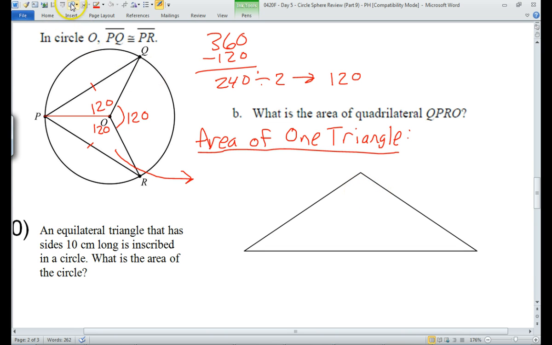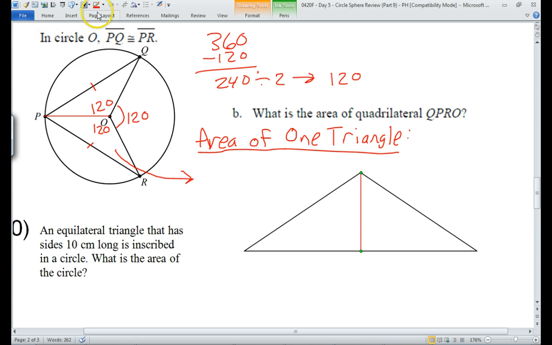But now, watch what I want to go ahead and do. Before I even write down the 120, I'm going to need to find the area of this triangle. That's our whole goal, is to find the area of one triangle. And we know that the area of a triangle is 1/2 base times height. So I'm going to need the height. So let's go ahead and do this.